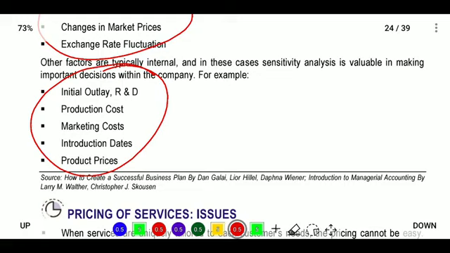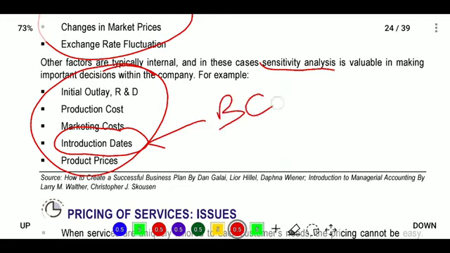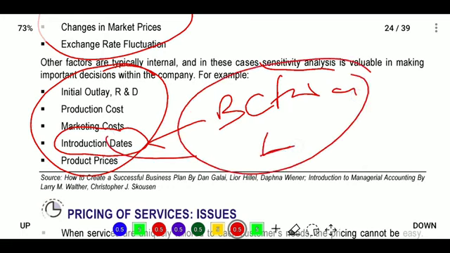I will explain with one example, the introduction date. If you introduce an item at the correct date, sensitivity will be added to the analysis. For example, if you want to sell crackers, they will sell before or at Diwali, so the introduction date must be before or at Diwali.